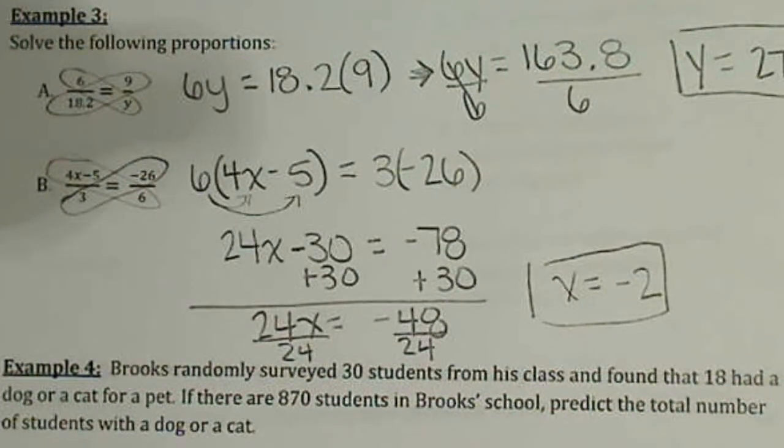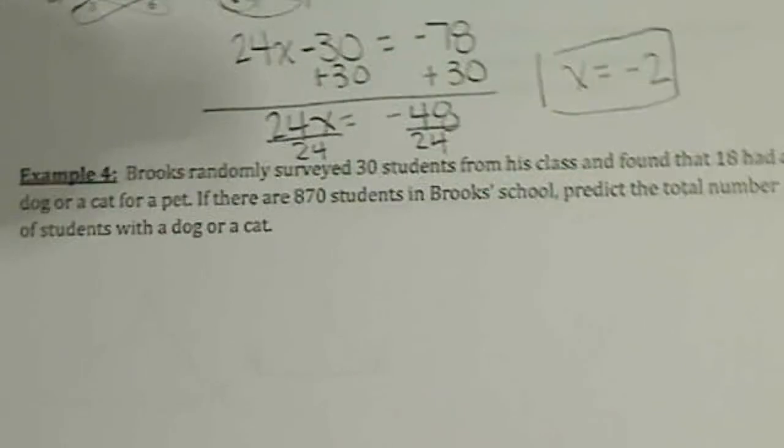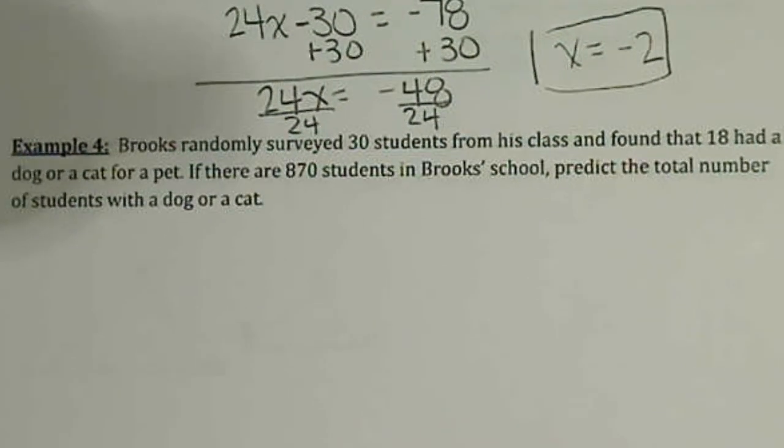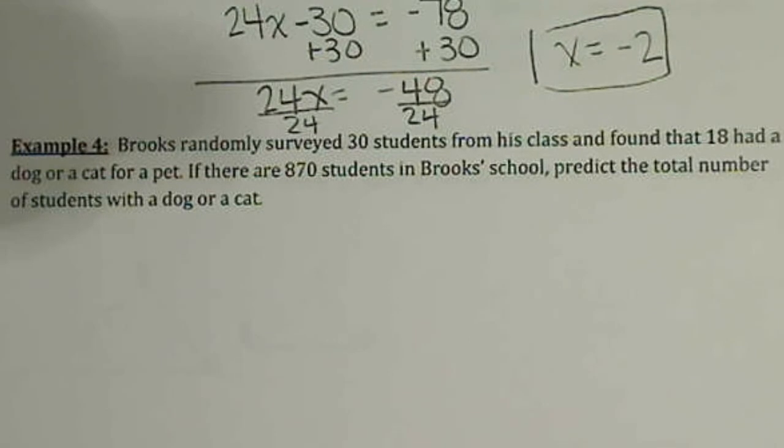Okay, last example. Hey Brooks, you're part of our problem. Okay, he surveyed 30 students. That's our total population. Only 18 of them have a dog or a cat for a pet. Now, this is just from his class, if there were 30 students. Now, what he wants to know is if he wants to survey maybe the whole school, we want to predict the number without actually surveying all 870 people.